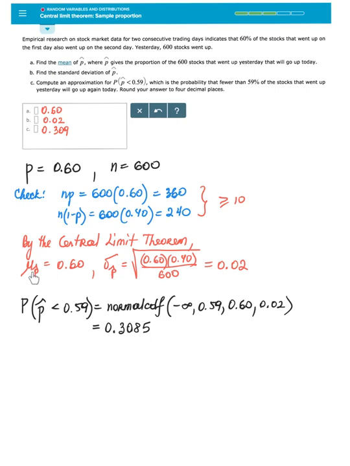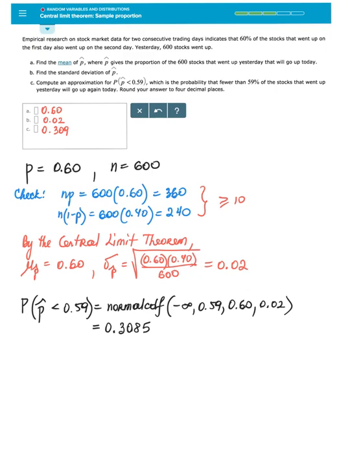The mean of sample proportion will be the same as the population proportion, which is 60/100th, and the standard deviation of sample proportion is equal to the square root of p times 1 minus p, in our case 60/100th times 40/100th, divided by the sample size of 600. This square root produces the result of 2/100.